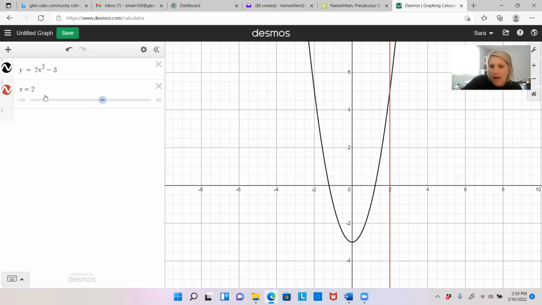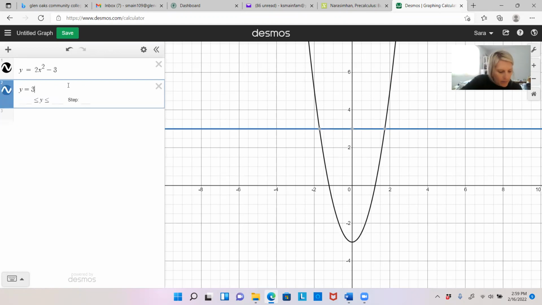And we could do that with any x, and it will only go through one time. But we can also see that if we put a line at y equals 3, we go through the 2 points. We go through the graph twice. So if we put in 3, we go through the point.